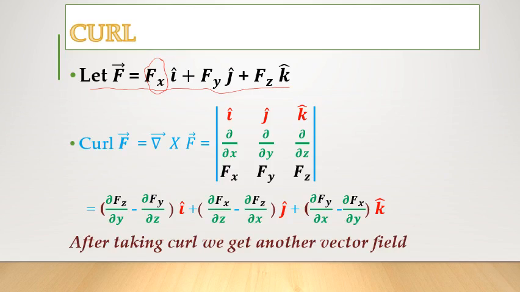Observe that this fx can be a function of x, y, z, not necessarily only of x. For example, fx can be x square y z, or it may be y sin z, where x won't come into the picture. Therefore, fx may depend on x or y or z. Similarly for the y and z components.